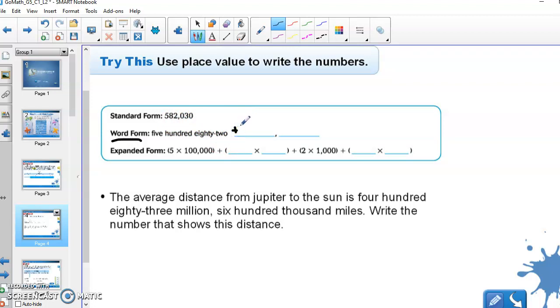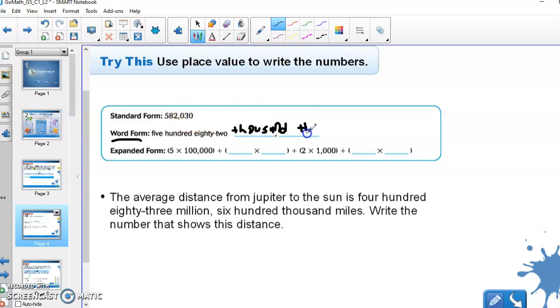Excuse my sloppy writing. It's hard to write sometimes with my touchpad. I'm sure your handwriting is much nicer than Mr. Neff's. All right, so we got 582,000. And then the last thing I need to write is just 30.